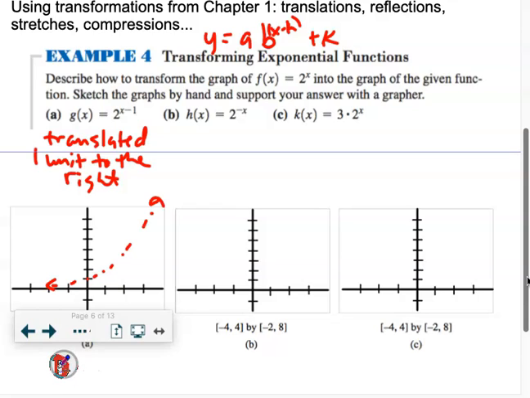And all I have to do is take those nice points that I just put on there and move them 1 unit to the right. And there it is.